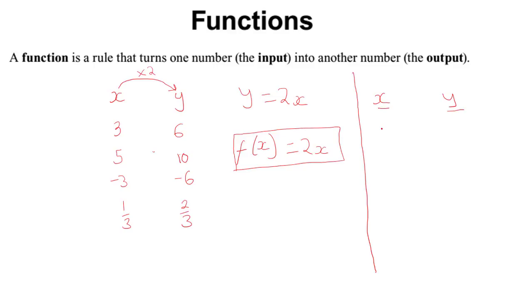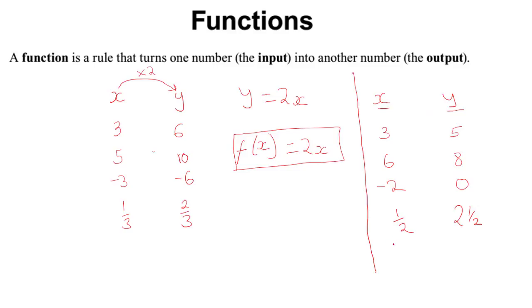If I start with 3 and add 2 to it, I'm going to end up with 5. If I start with 6, I add 2, I will get 8. If I start with -2 and add 2, I'm going to get 0. If I start with a half and add 2, I'm going to end up with 2.5.